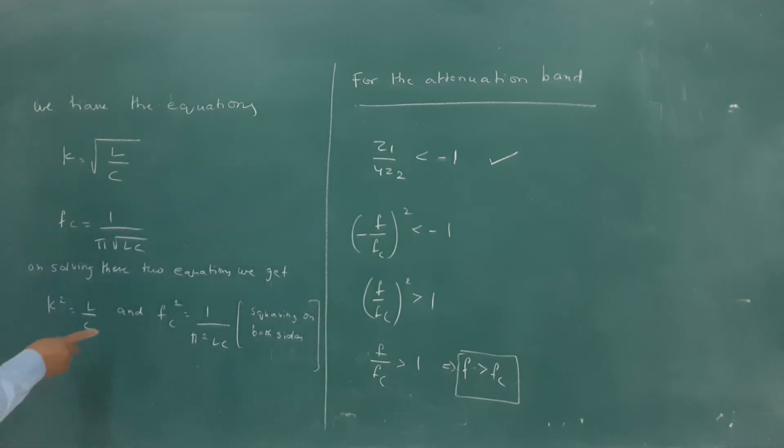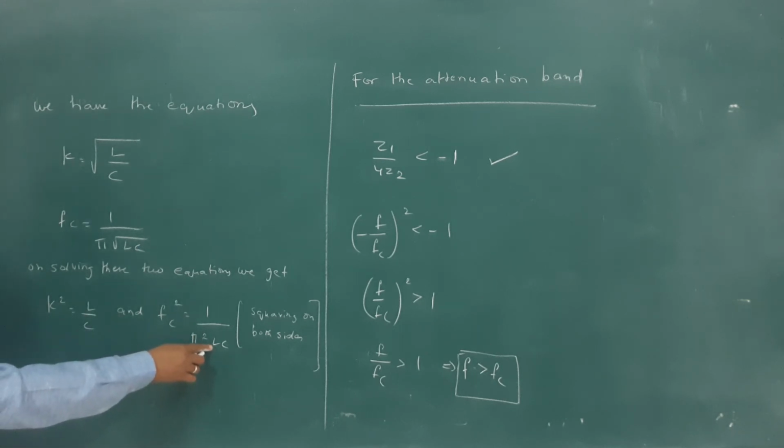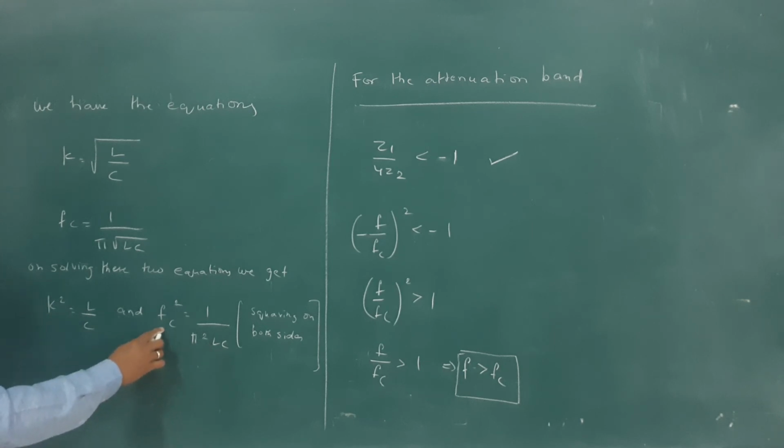Now after combining these two values, L is equal to Ck square. Here I can substitute this L is equal to Ck square value, and you can also get the values of L and C from this.